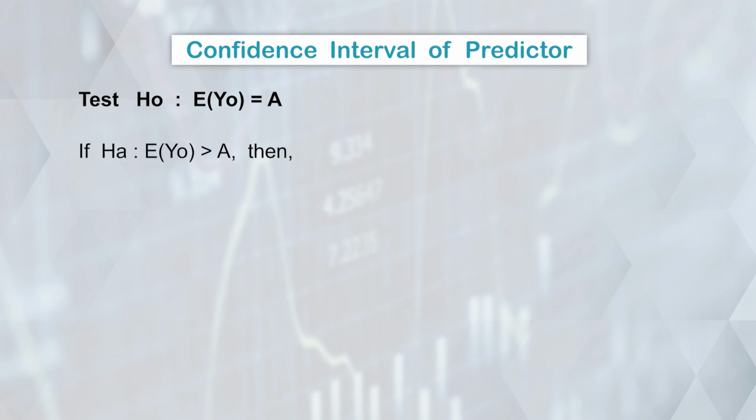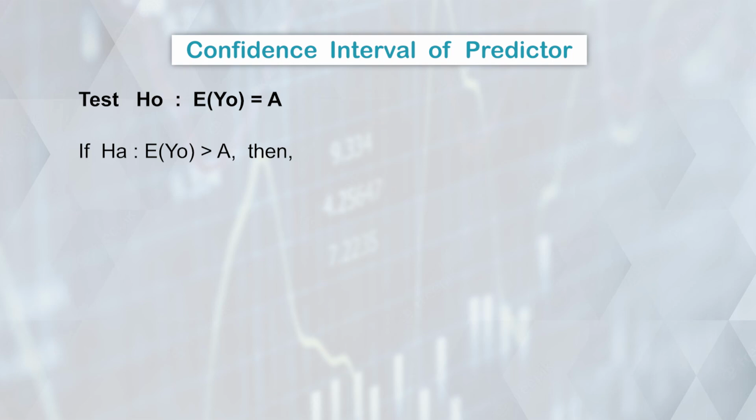Now we go for the one-tail test. By one-tail test we mean either we go for the greater than sign or the less than sign. So this goes to the next important alternative hypothesis, where we want to claim that the mean value of Y0, that is expectation of Y0, is exceeding the specific value.